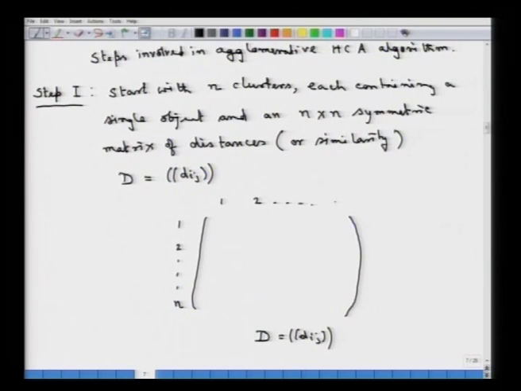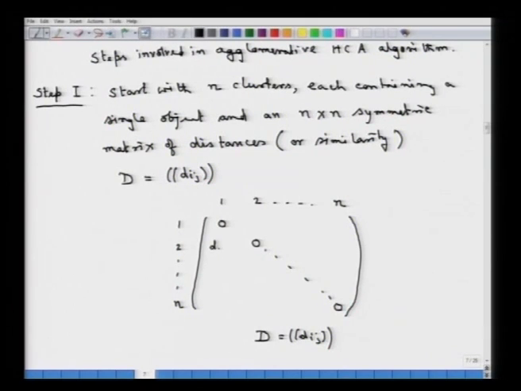This is a symmetric matrix wherein the diagonal element is the distance between 1 and 1, so that should be logically 0. So, all the diagonal entries of this distance matrix are going to be 0, and then this gives us the distance between the first and the second object.